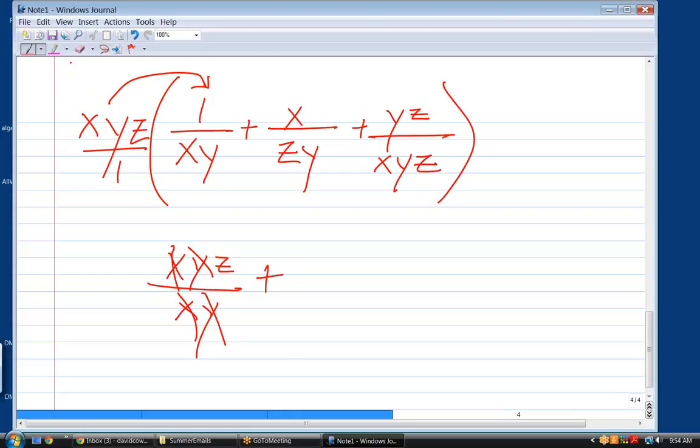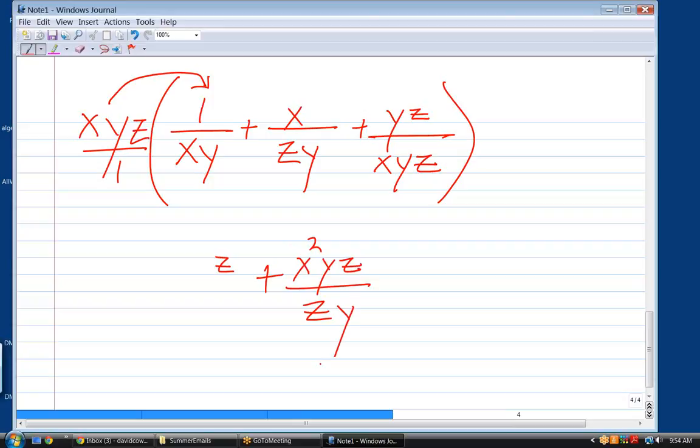Okay. What's the next part? X squared by z over x over zy. What does that simplify to? X squared.